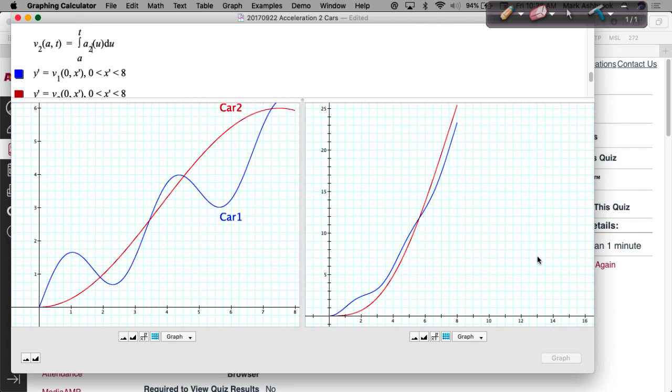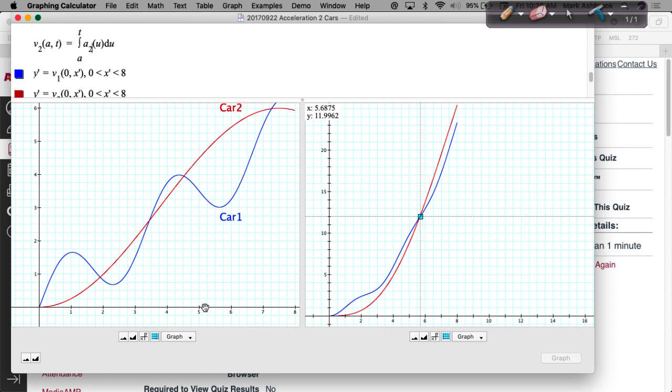And now here are those two velocity functions graphed. And lo and behold, what do we got? We see, like we said, car 1 has a higher speed all the way until 5.68. That's what we said.